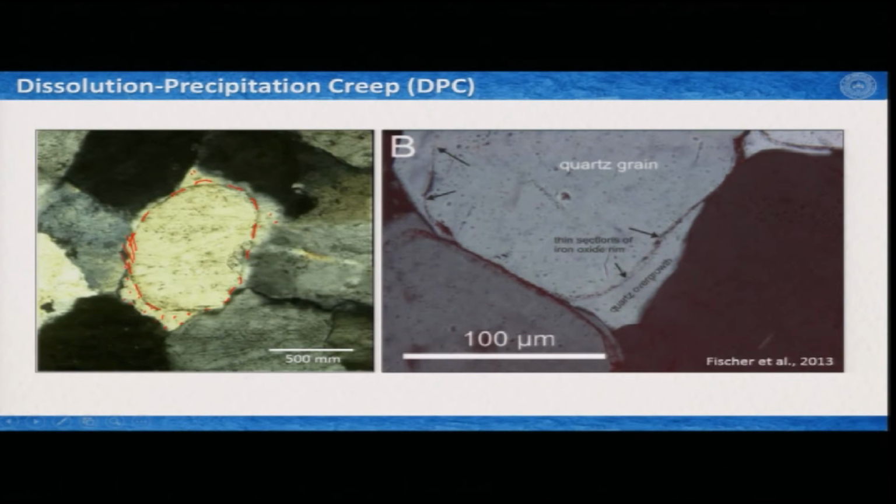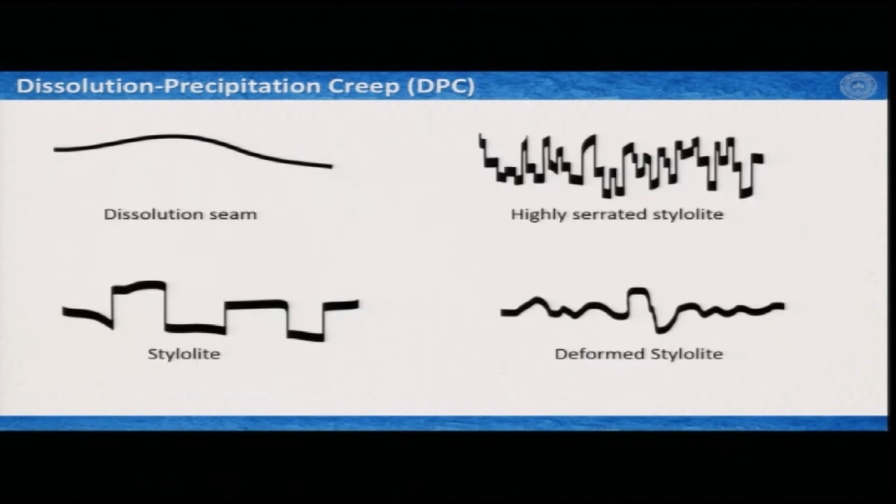You can also see in the second example in this image, this is where the dissolution had happened, and then this was the original grain boundary, and this is the overgrowth of this quartz. So, if you see this kind of microstructures, nail it that this has happened due to dissolution precipitation creep.